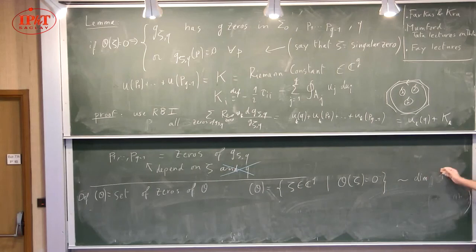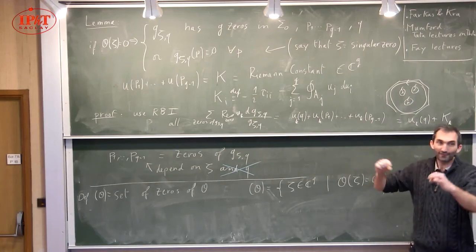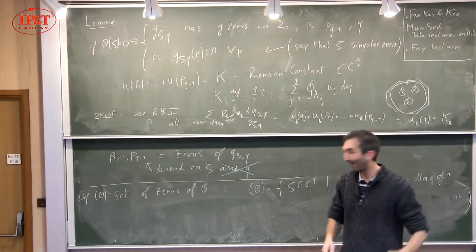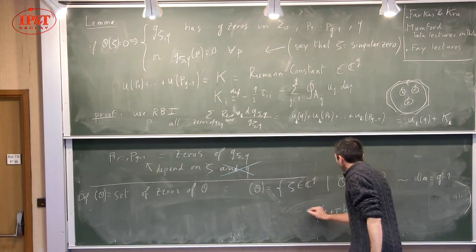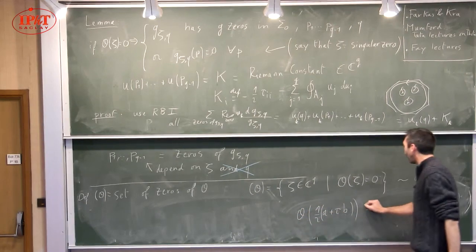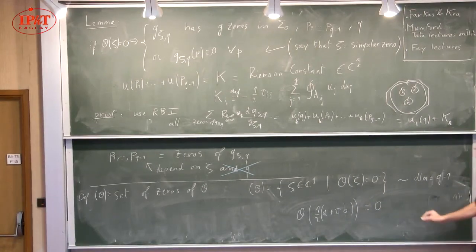Does it follow from the analyticity of this function that there is at least one zero, and that the dimension of the set of zeros is large? How do you prove that this theta function has at least one zero at all? Well, we showed that the half integer characteristics, one half of A plus tau B, we already proved that theta is 0 for these if A scalar B is odd.